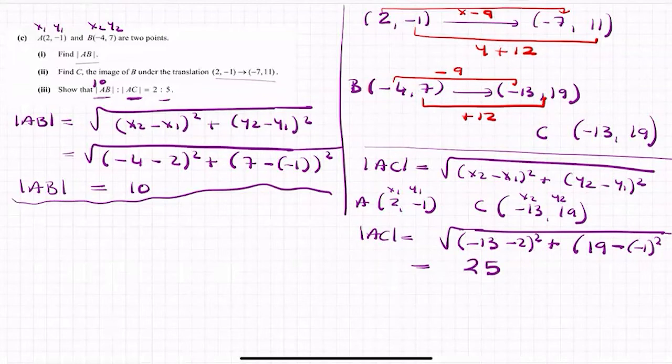Okay, so if you're okay, I'll come over here to finish part 3. Okay, it tells me the length of AB is to the length of AC.